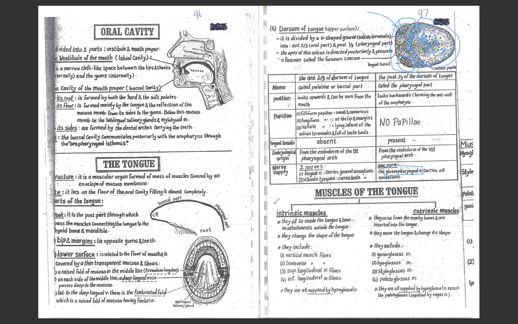Now we are going to talk about the muscles of the tongue. We're done with the general structure of the tongue. Muscles of the tongue: you have intrinsic and extrinsic. Intrinsic, inside. Extrinsic, out.